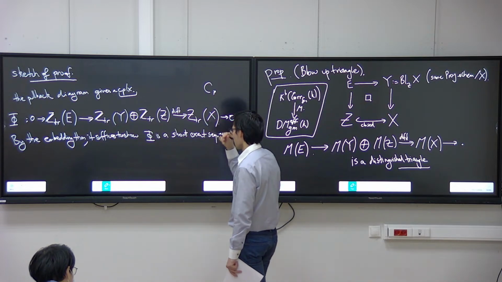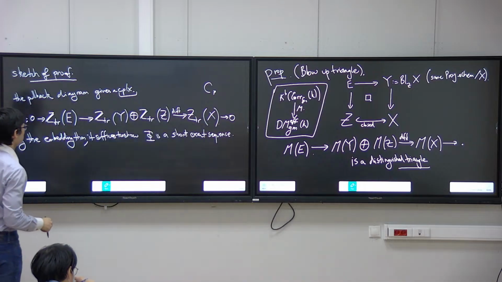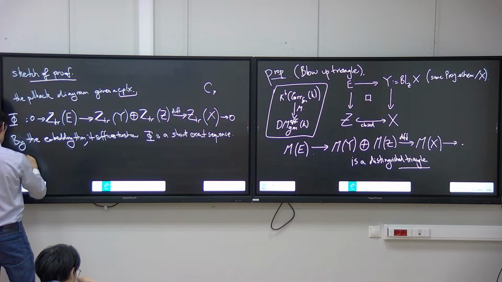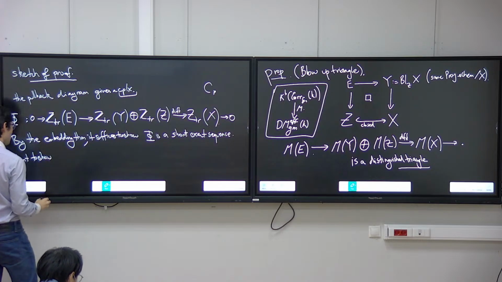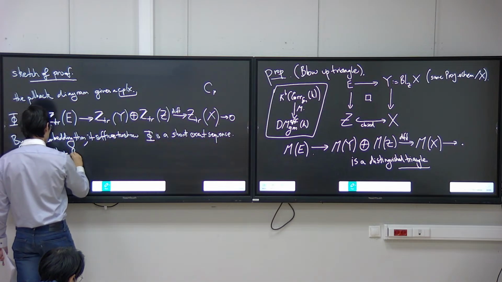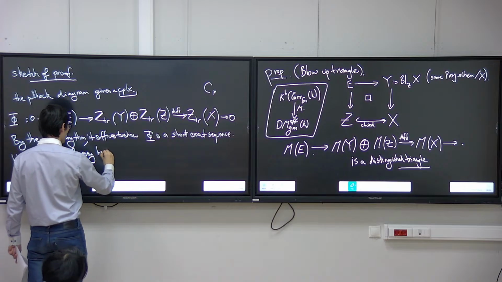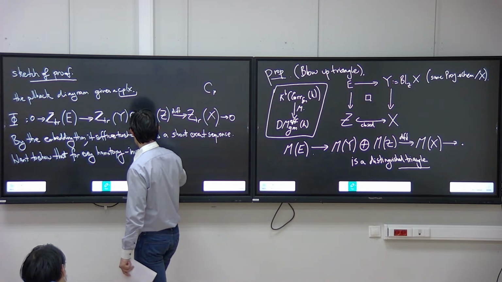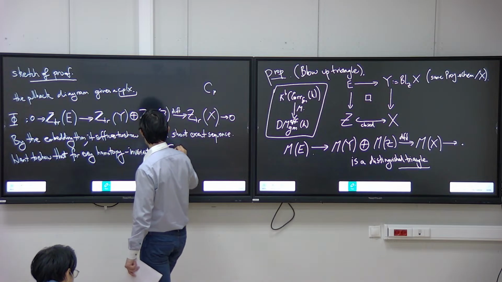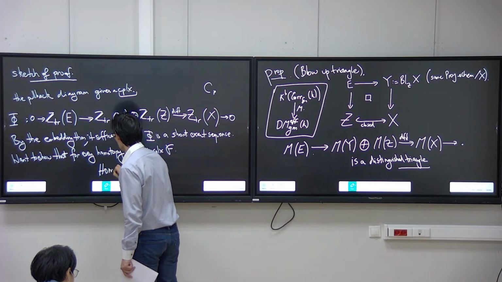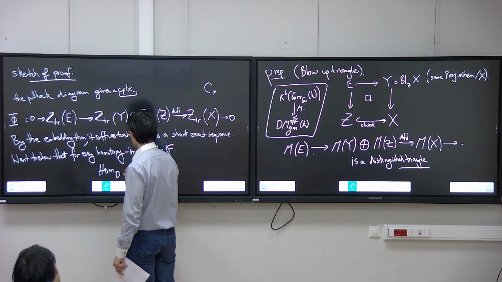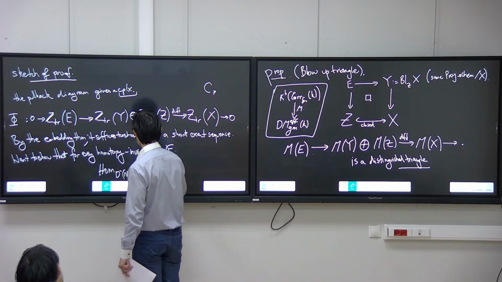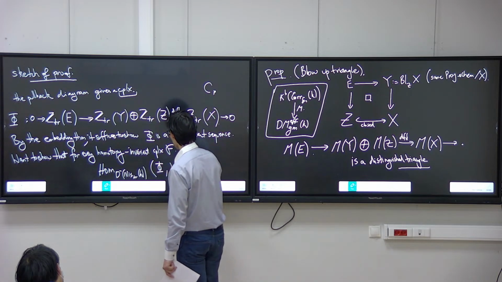So to show that this is a short exact sequence, the formal way of saying this is you want to show that for every homotopy invariant, say complex F, the morphisms in the complexes of Nisnevich sheaves with transfers of phi to F is 0.